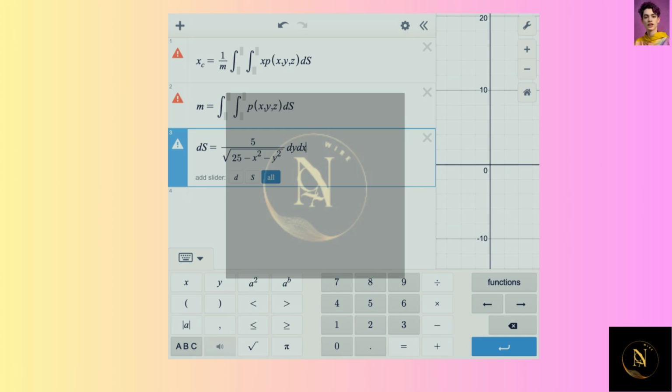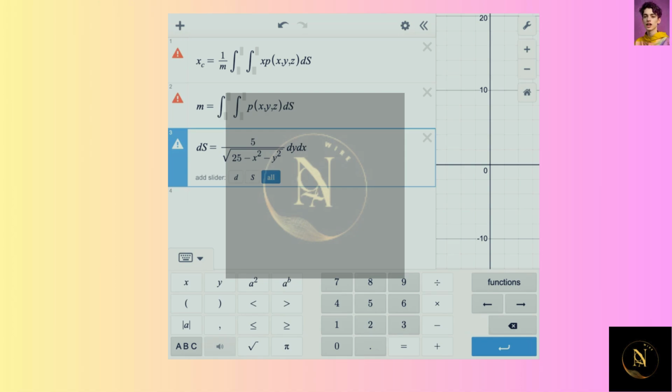So since the density is constant, we call it rho, and in this case, what we'll end up getting is that when z equals 4, we'll have x squared plus y squared equals 9 as a result.